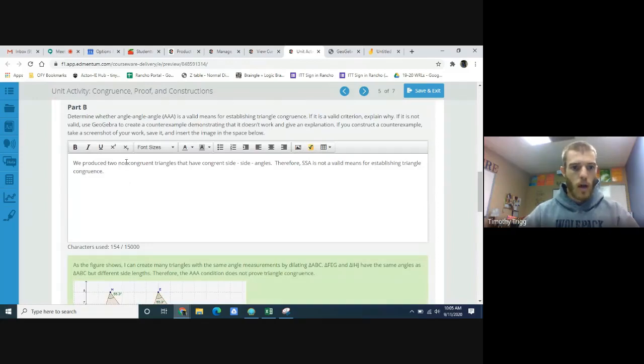So we produced two non-congruent triangles that have congruent angles. We're going to do angle, angle, angle here. Therefore, AAA is not a valid means for establishing triangle congruence. So they had all their angles matching. However, the triangles themselves are not congruent.